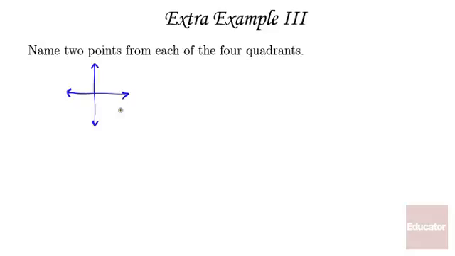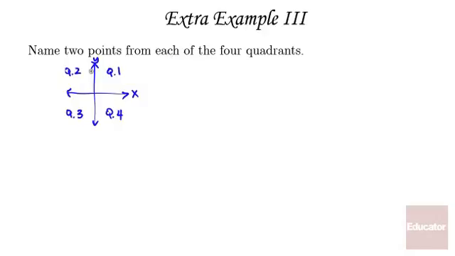We don't have to draw it too big because we're not going to be plotting any points. Here's the x, here's the y. I know this is quadrant 1, quadrant 2, quadrant 3, and quadrant 4. Now, the trick here is to figure out whether my x coordinates are going to be positive or negative, and my y coordinates are going to be positive or negative, right?